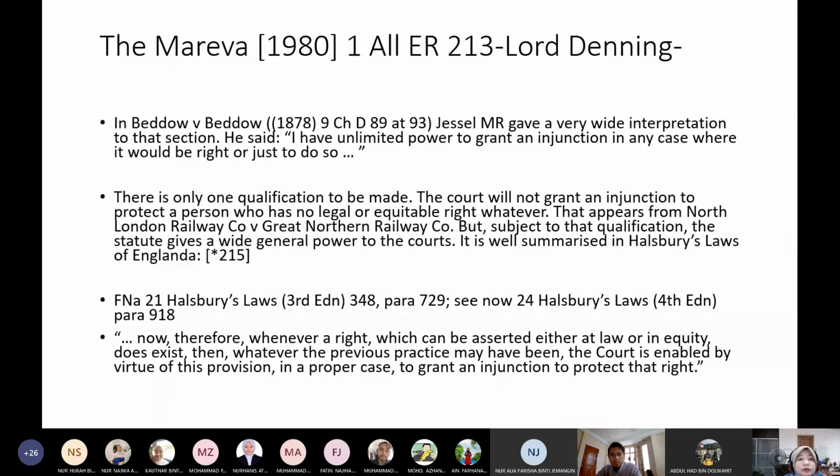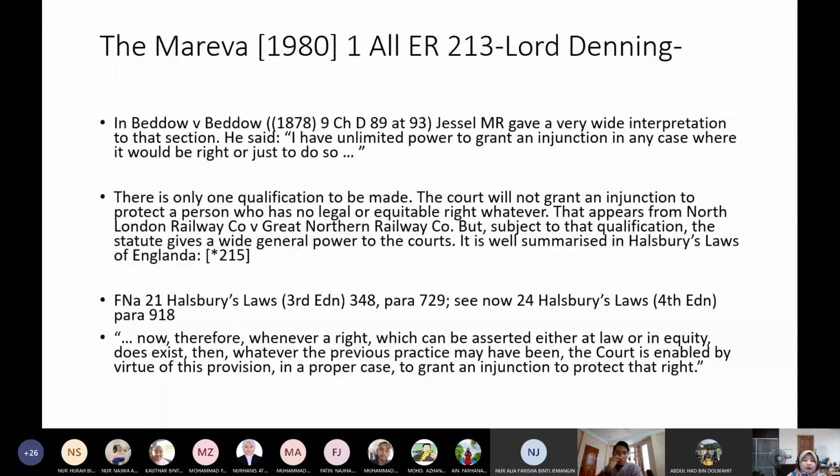That appears from the case of North London Railway, but subject to that qualification, the statute gives a wide general power to the court. It's summarized in Halsbury's Laws of England. Whenever a right which can be asserted either by law or equity does exist, the court is enabled by virtue of this provision to grant an injunction to protect that right.